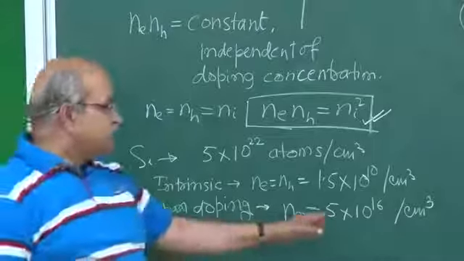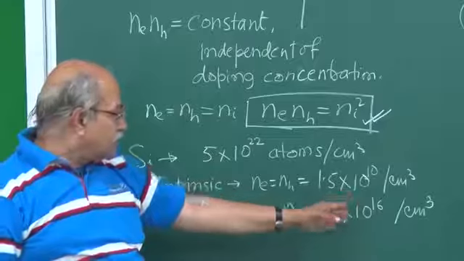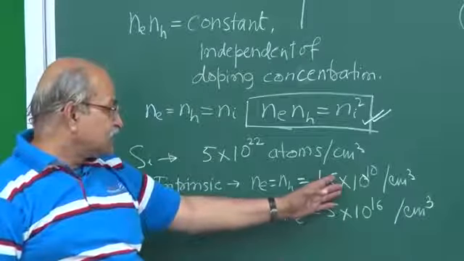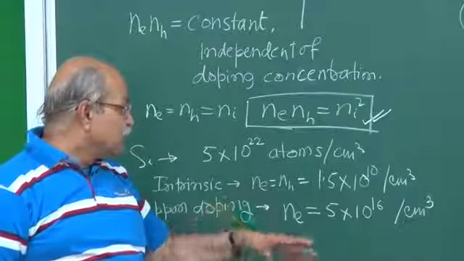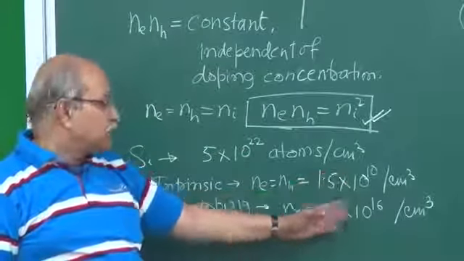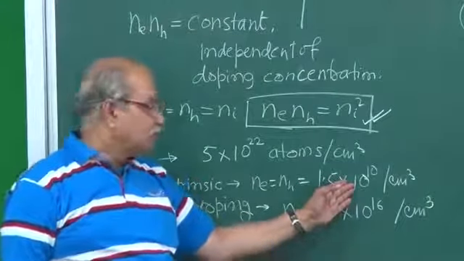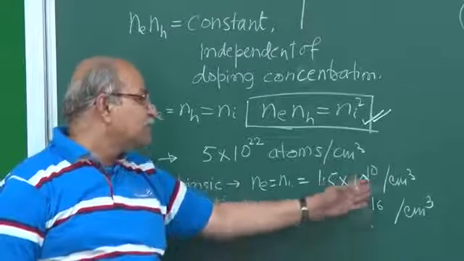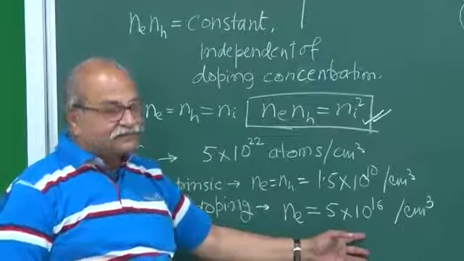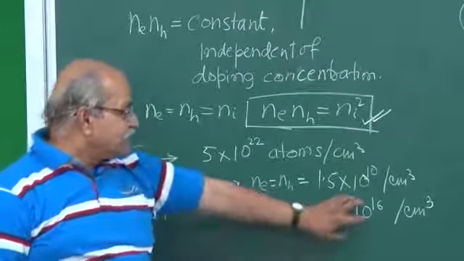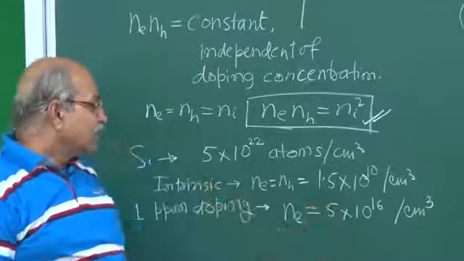You have put these many extra electrons, in such a large number as compared to the intrinsic one. The total number of electrons per centimeter cube is what you put from doping plus what was already there. But 10 to the power 16 plus 10 to the power 10 will still remain 10 to the power 16. Okay, so you can take this as the conduction electron number density after doping.